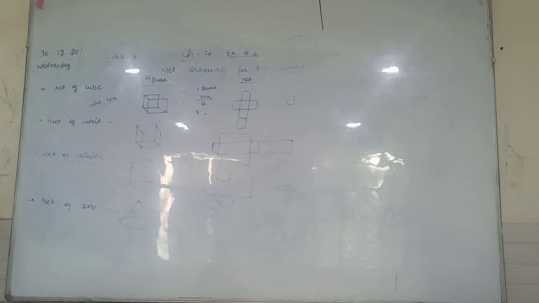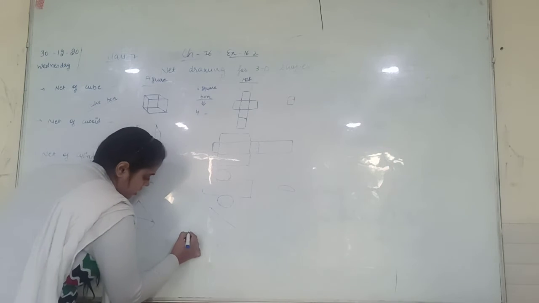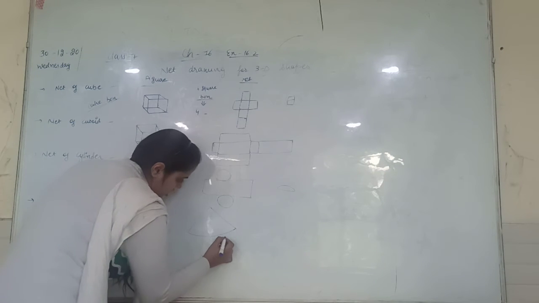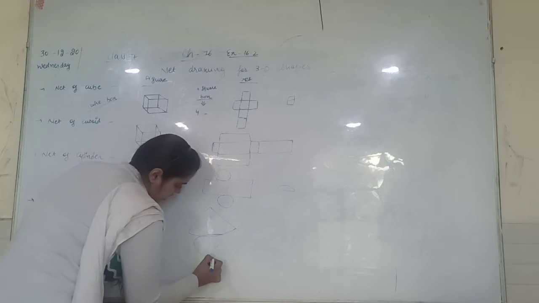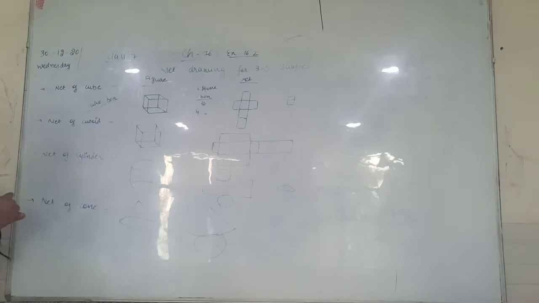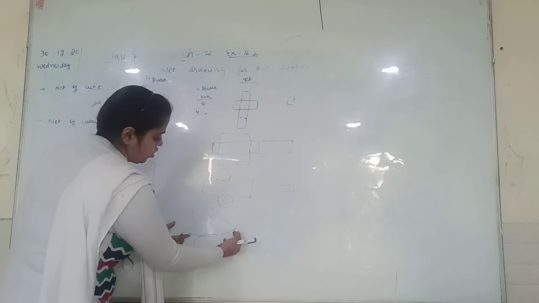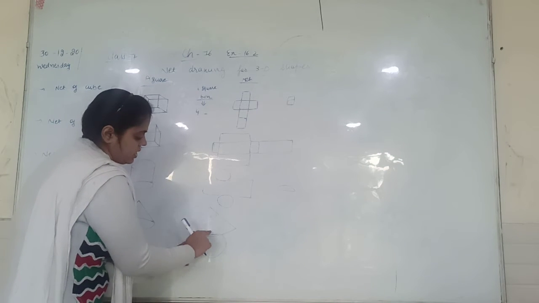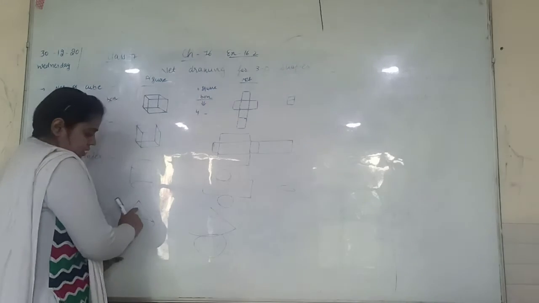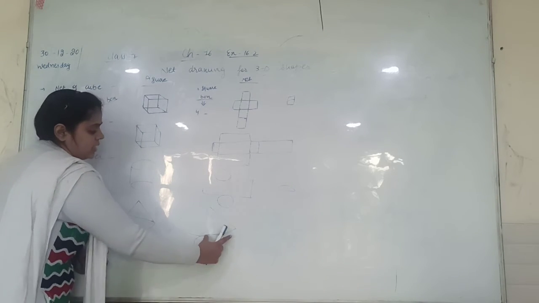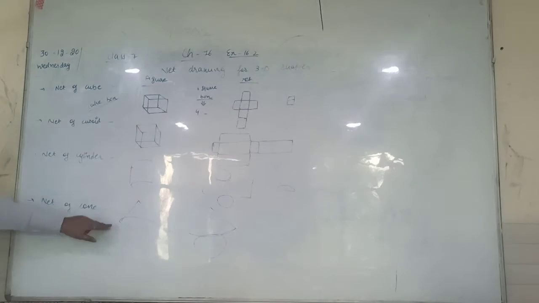Like this one. This is for the rotation. Then here one circle. Then here one circle. When you join it from both sides, there is a staple in the middle. It will take the shape of this, and at last this one is the circle which it has. Right? So this is about the net of cone.